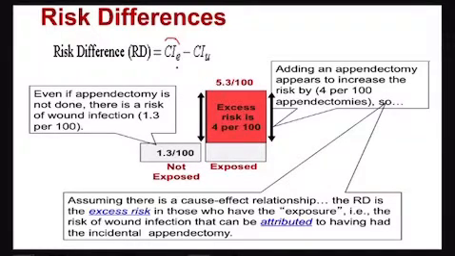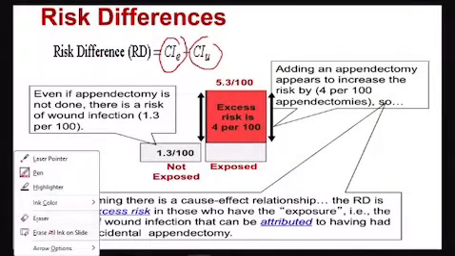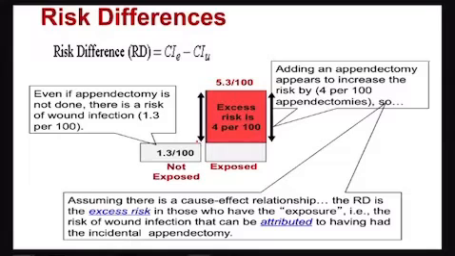Now, the risk difference is just subtracting the cumulative incidence in the unexposed from the cumulative incidence in the exposed. Let's say we obtain these, as you all know how we obtain cumulative incidence: incidence over total.